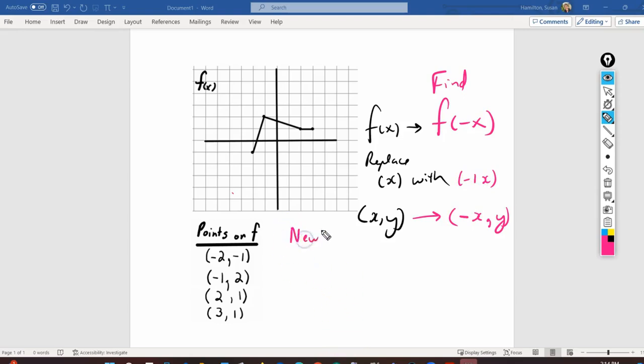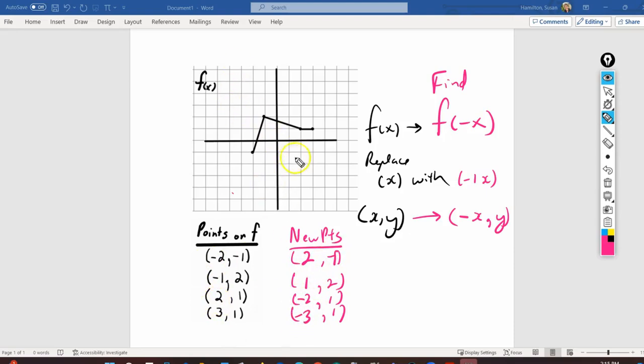So my new points are going to be, well, the y coordinates are the same. And the new x coordinate is going to be the negative of my old x coordinates. So the negative of -2 is 2. The negative of -1 is 1. Then I'll have -2 and -3.